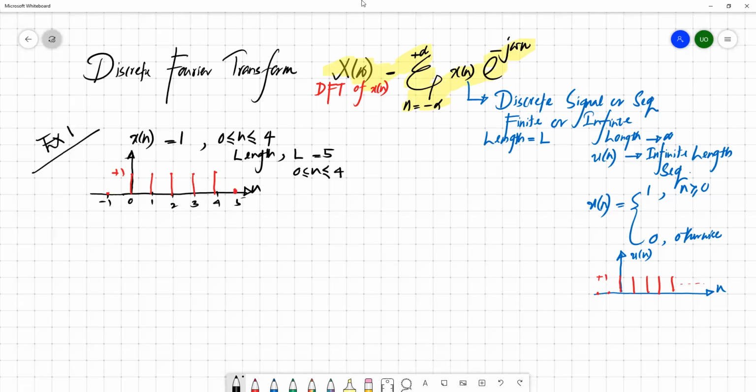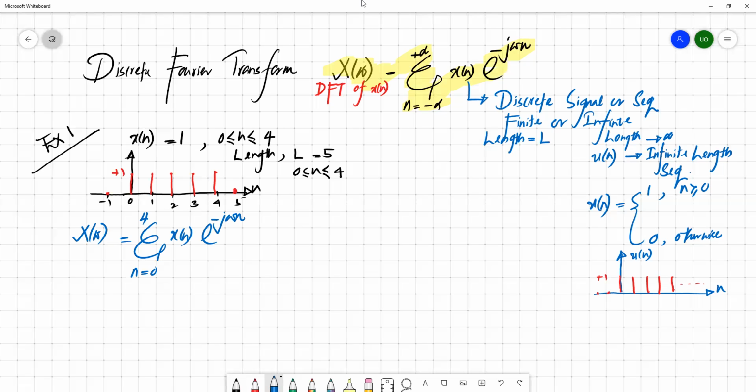How do you get this Fourier transform? You can just apply this equation: X(omega) equals. Since this is a finite length sequence, we can simply truncate the summation from n equals 0 to 4 of x[n] e to the power minus j omega n.